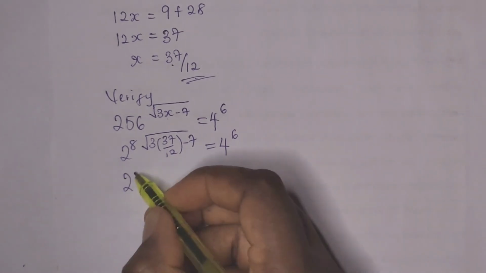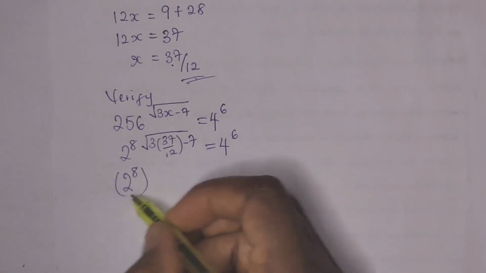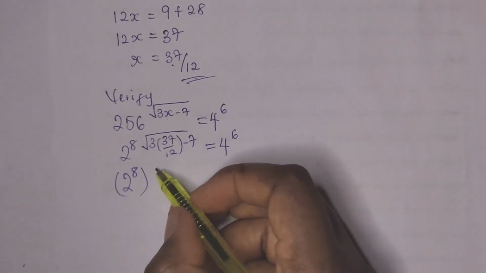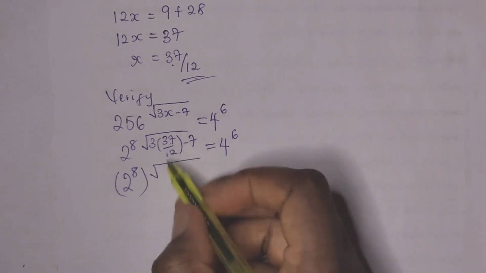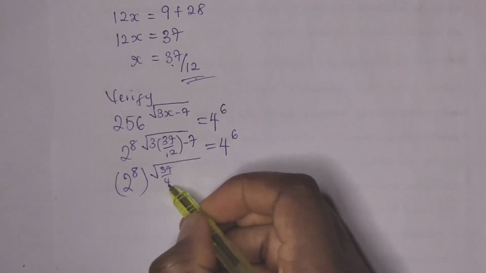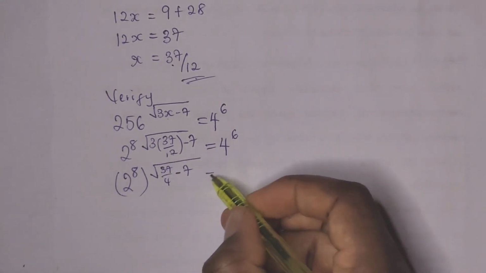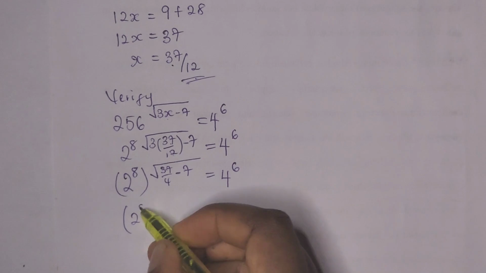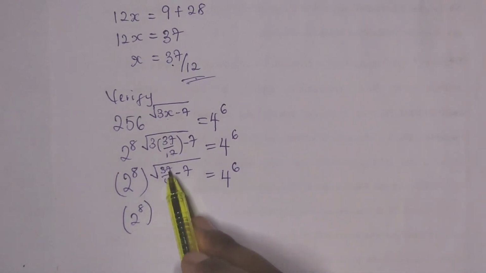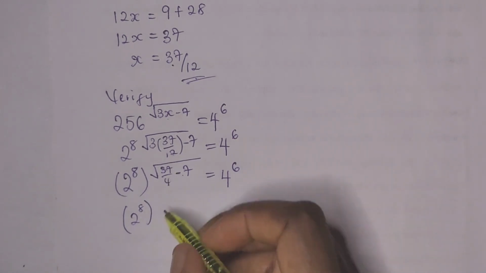So this is 2 to the power of 8. Three times 37 over 12. This is 37 over 4 minus 7 all equal to 4 to the power of 6. And 2 to the power of 8, 37 over 4 minus 7.